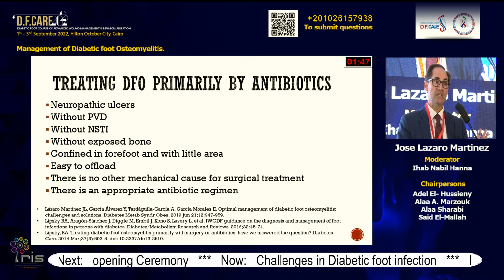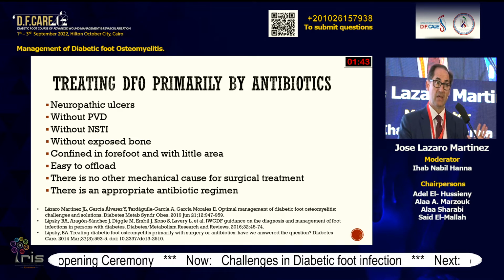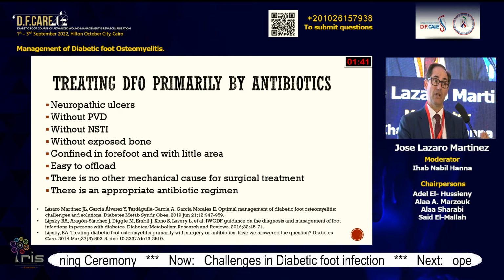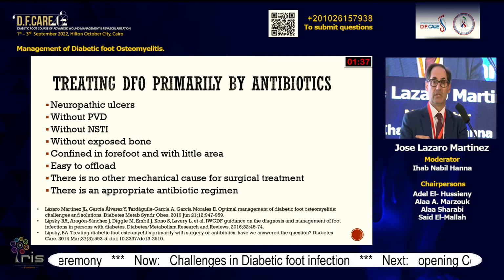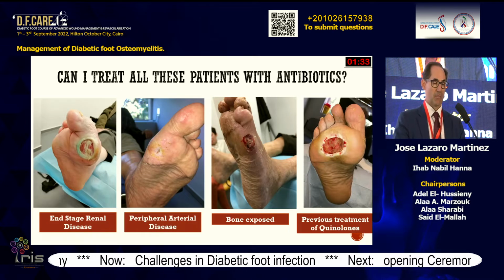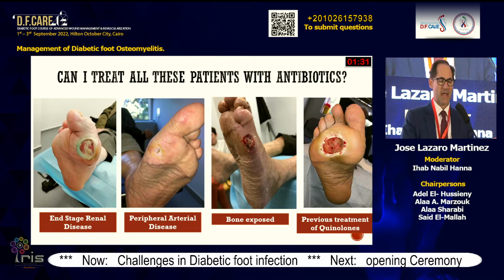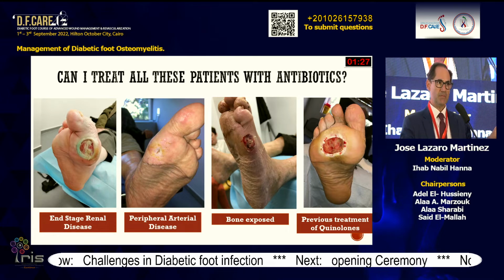The problem is that in the majority of cases we are not going to find this kind of patient, because most of these patients come to the hospital in worse condition than this. So sometimes that is the start of the problem. Other question: can I treat every patient with antibiotics in the same regimen?